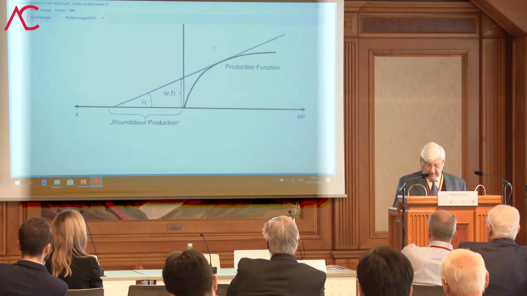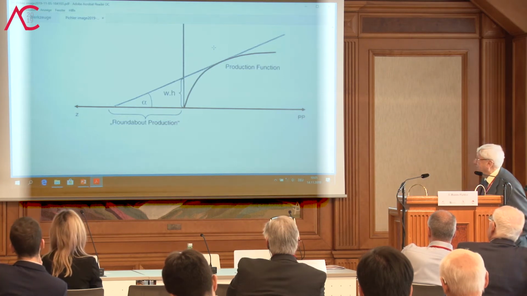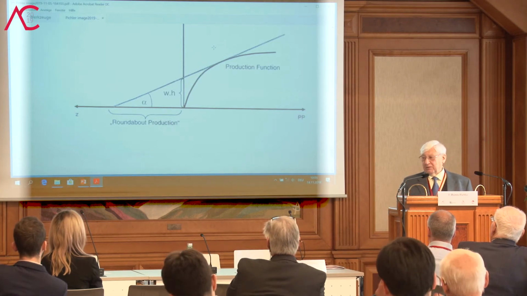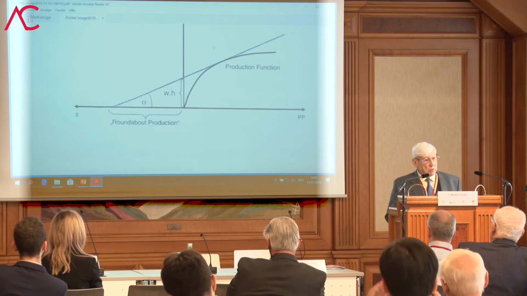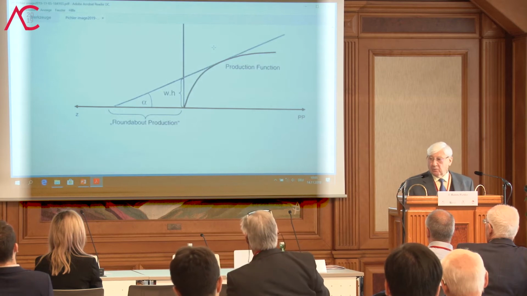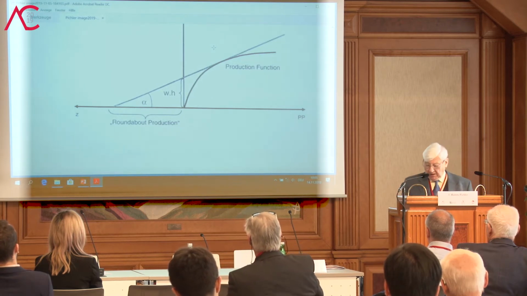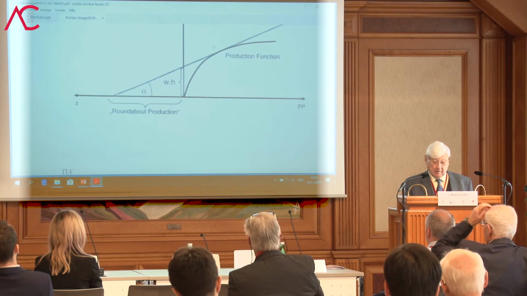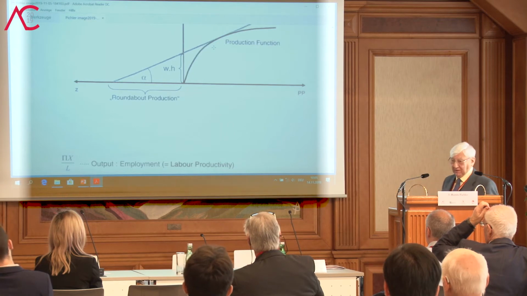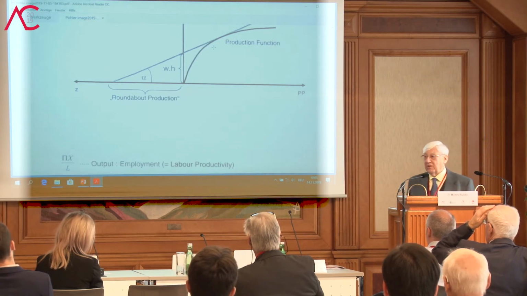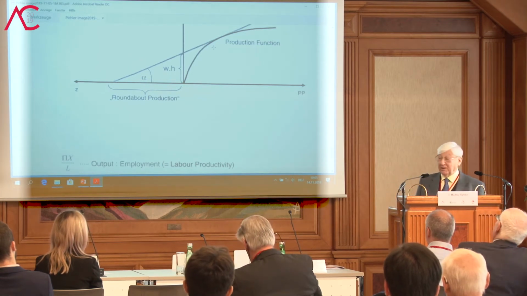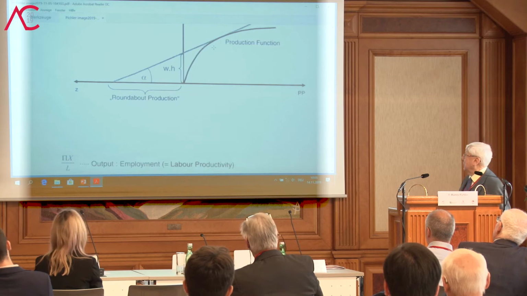I'm taking this particular graph, which is not from Boehm-Bawerk. It's from Wicksell, who summarized the positive theory of capital in a one-page graph ingeniously, and he, mind you, produced a production function 35 years earlier than Cobb and Douglas, in 1928, in the American Economic Review.